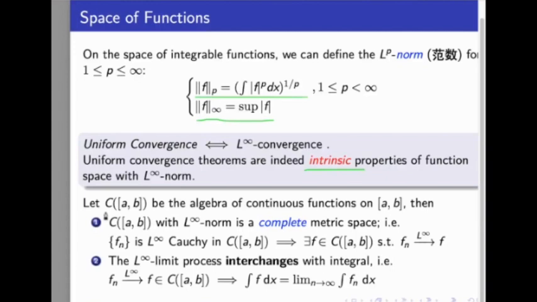The function space C[a, b] is the algebra of continuous functions on [a, b]. Then we have, first, C[a, b] is a complete metric space with the L infinity norm, which says that for a uniformly convergent sequence of continuous functions f_n, the pointwise limit is also continuous.